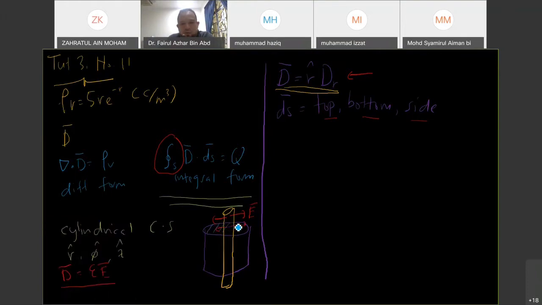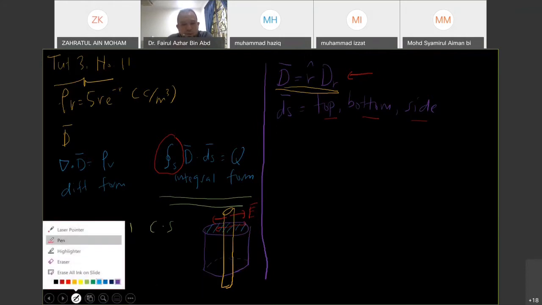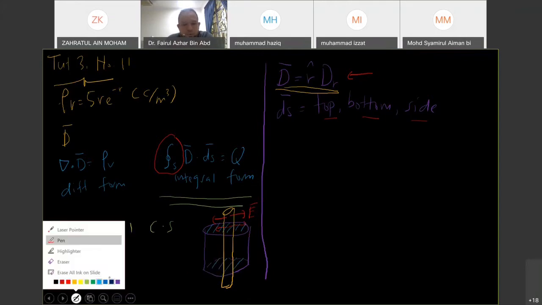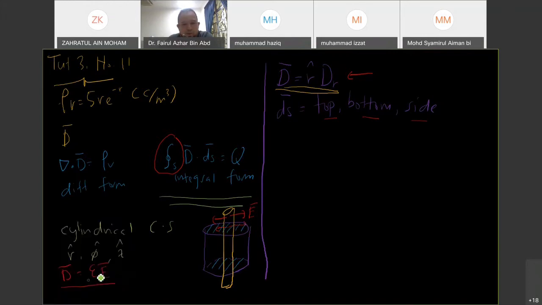So this is the top surface of the cylinder. Then we have the bottom surface of the cylinder. This is on this side, so this will be the bottom. And also we need to perform the integration on the side surface. The side surface will be this side. Because we are dealing with the cylindrical coordinate system, let's see how we can derive it.